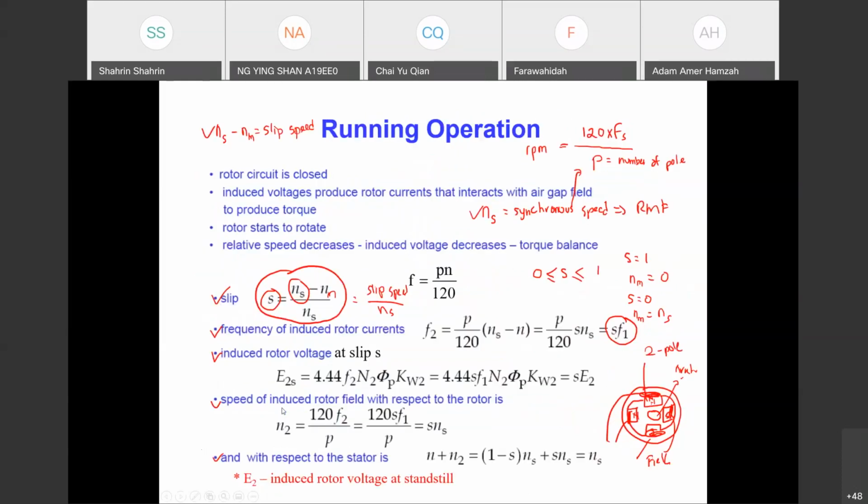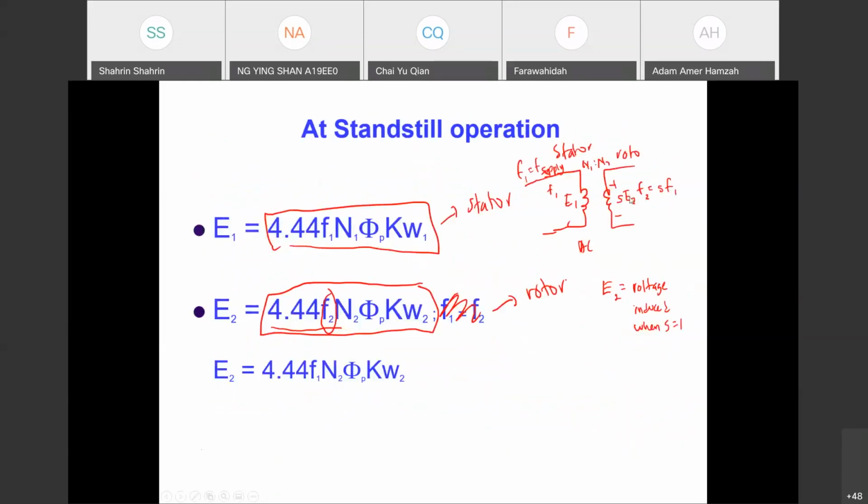Okay, because the voltage induced at the rotor and the frequency depend on the slip. S E2, and what is E2 is actually the voltage induced during S equal to 1. So the relationship between E1 and E2, you can always use this formula.